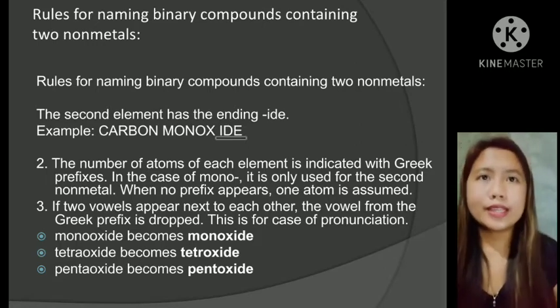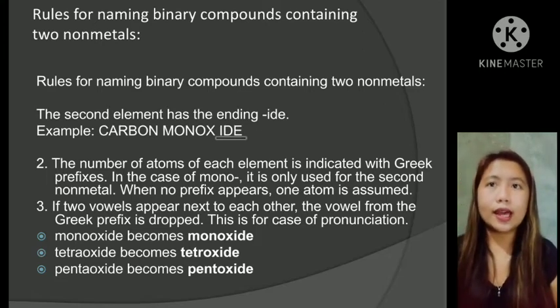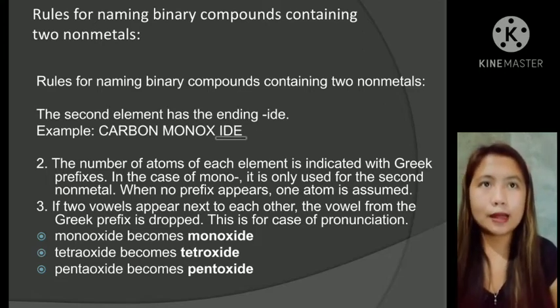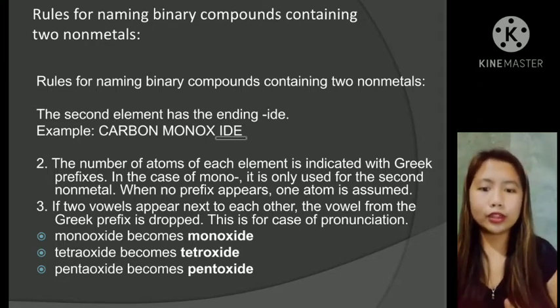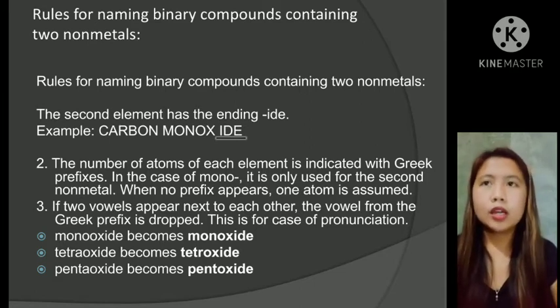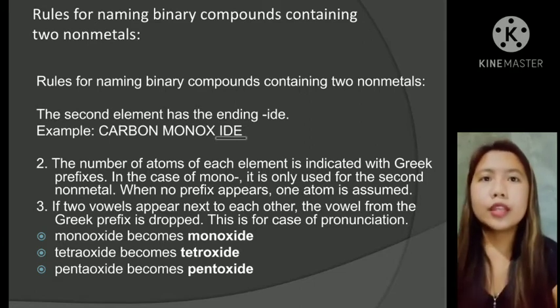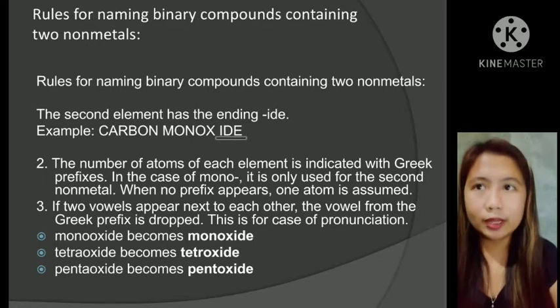Here are some rules for naming binary compounds containing two nonmetals. Number 1. The second element has the ending IDE. For example, carbon monoxide: the last part of carbon monoxide is IDE. Rule number 2. The number of atoms of each element is indicated with a Greek prefix.